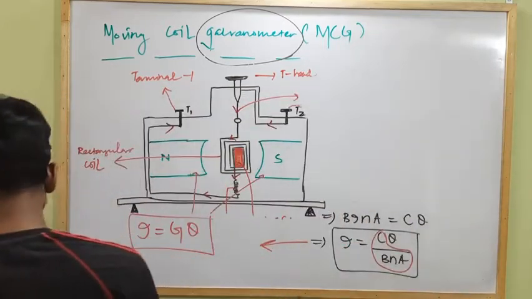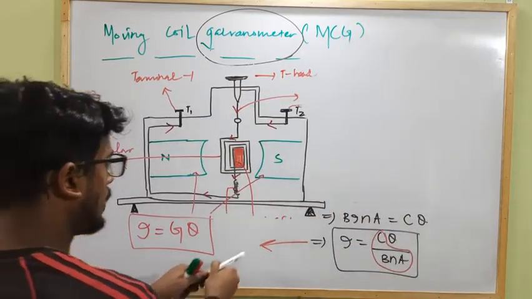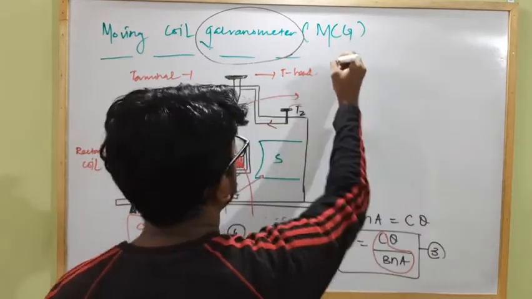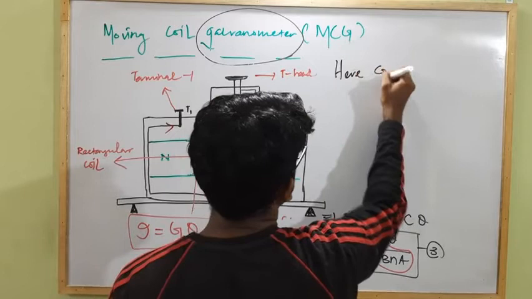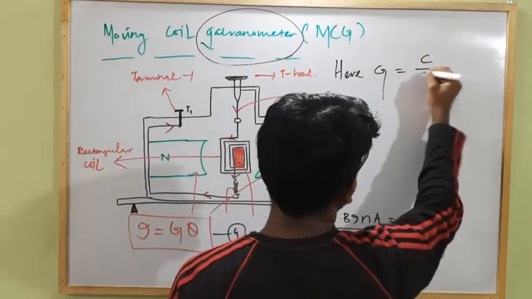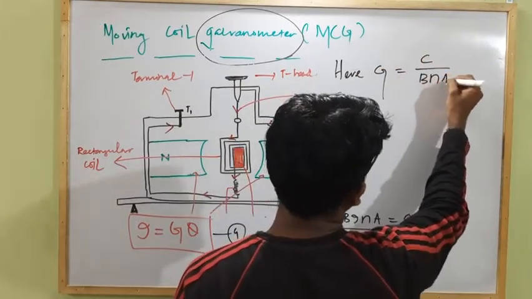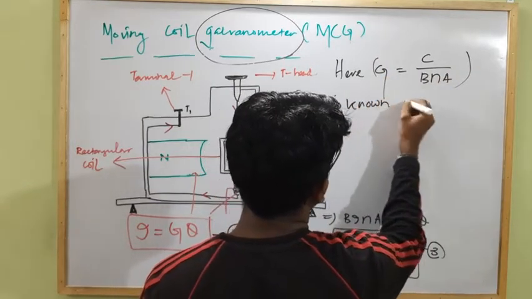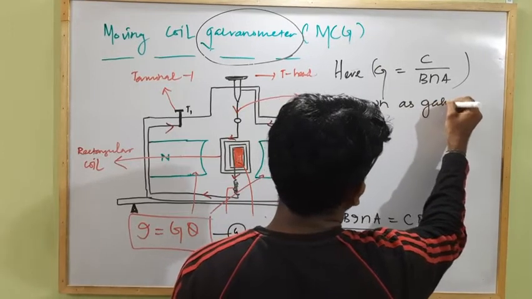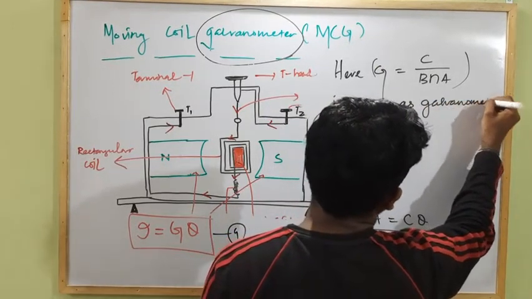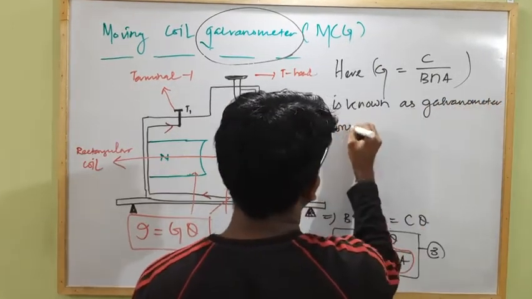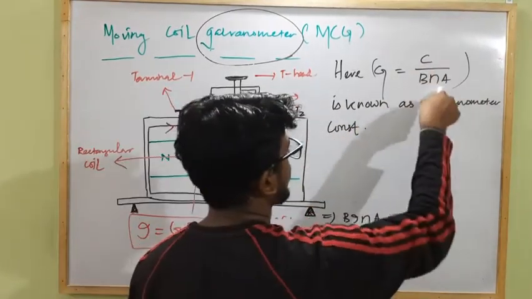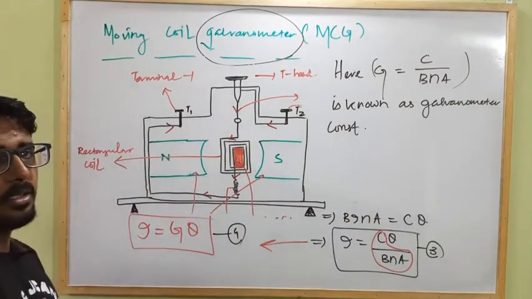Let it be equation 4, this is equation 3. Here G is equal to C divided by BNA, which is known as the galvanometer constant, because for a particular galvanometer the value of G remains fixed.